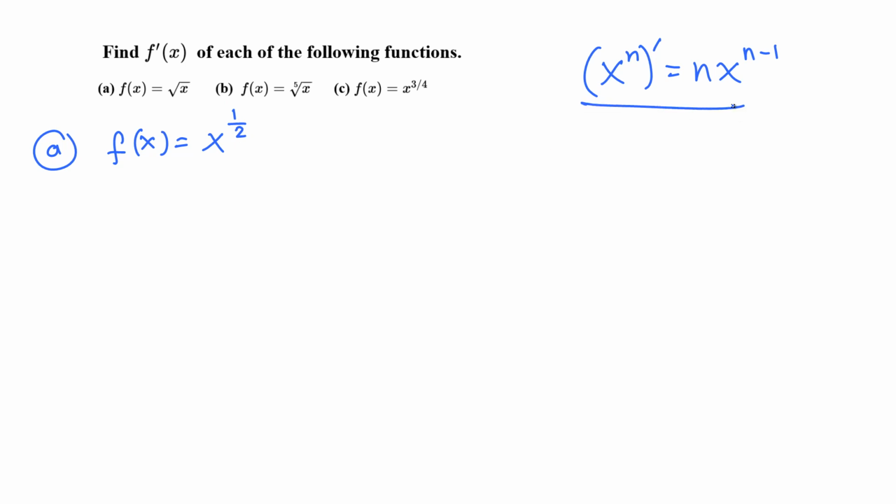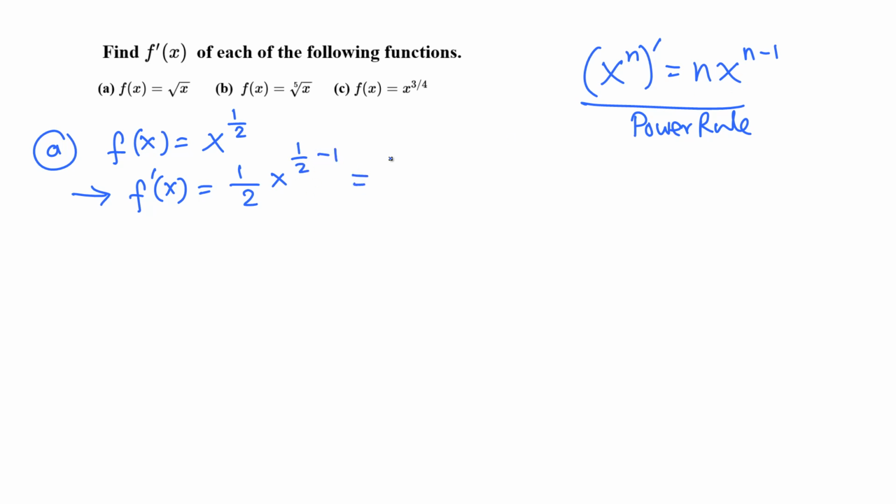Now we're going to apply this power rule. So x^n, then its derivative, this is the notation for its derivative: 1/2 to the front, x to the 1/2 minus 1. Just from this rule.